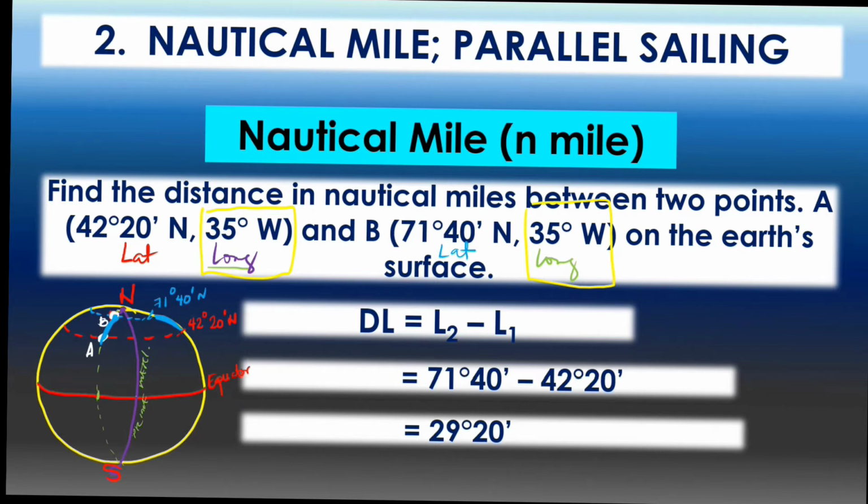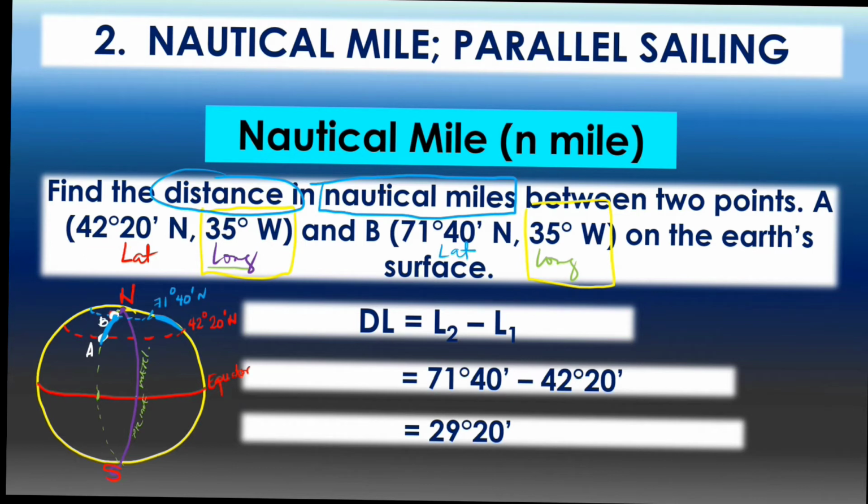By the way, what is being asked here is the distance in nautical miles. So it means that this answer, the difference in latitude, we need to convert to nautical miles. So what are you going to do with this? So first, you can convert it to degree first, okay?